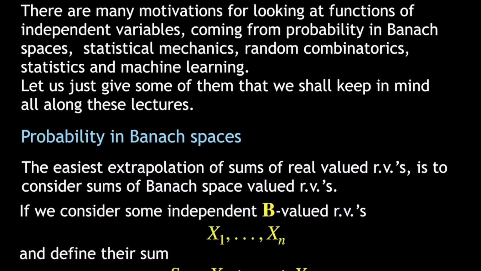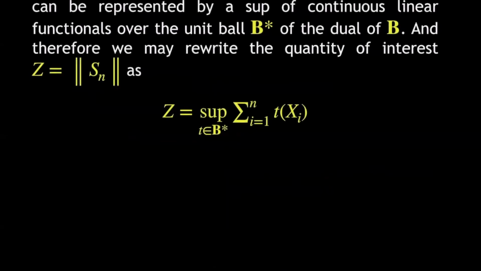So you look at the sum, exactly as we did with real-valued random variables. And we will be interested this time in the concentration of the quantity, which is simply the norm of the sum.